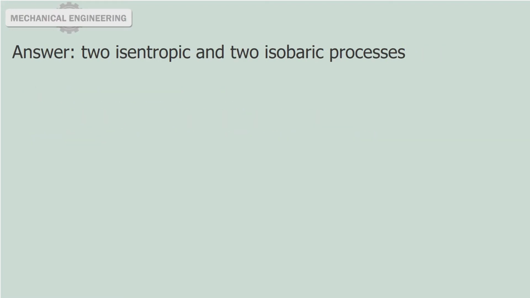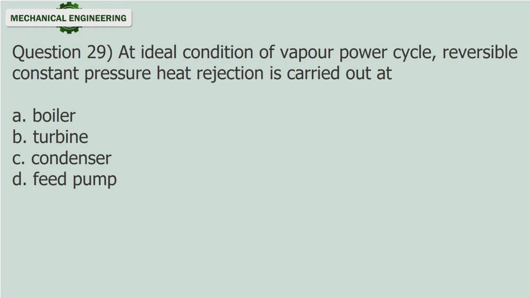Answer: 2 isentropic and 2 isobaric processes. Question 29. At ideal condition of vapor power cycle, reversible constant pressure heat rejection is carried out at A. Boiler, B. Turbine, C. Condenser, D. Feed pump.